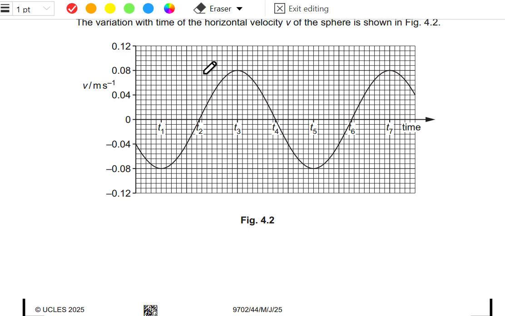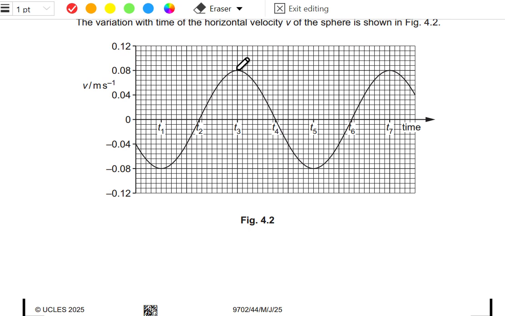Okay, so we have T1 and T5. Or we have T3. T3 means it reaches the equilibrium position from left to right, or rightward.